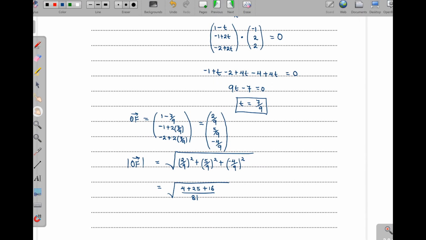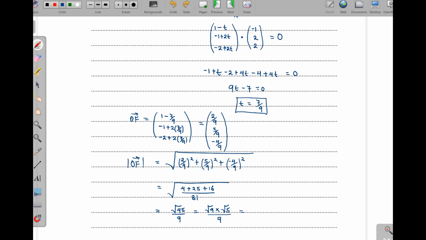From here, we can see that this will be 20, then plus 25, that will be 45. And then here we have root of 81, that will give us a 9. Are we there? Then 45 is the same as root of 9 times root of 5, then down here we have a 9.